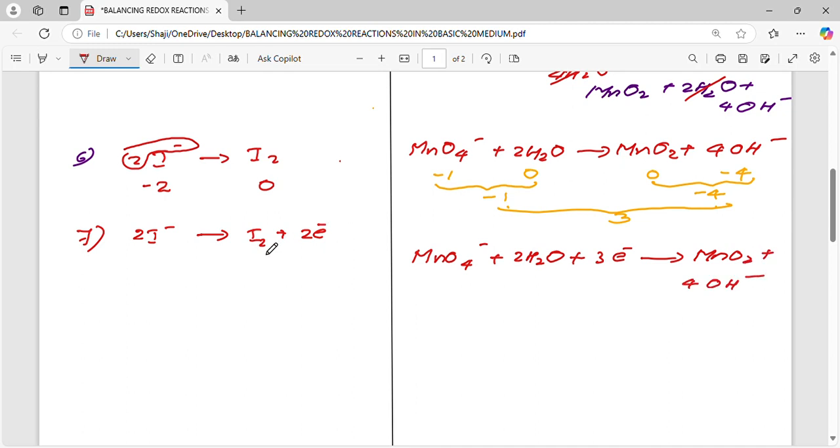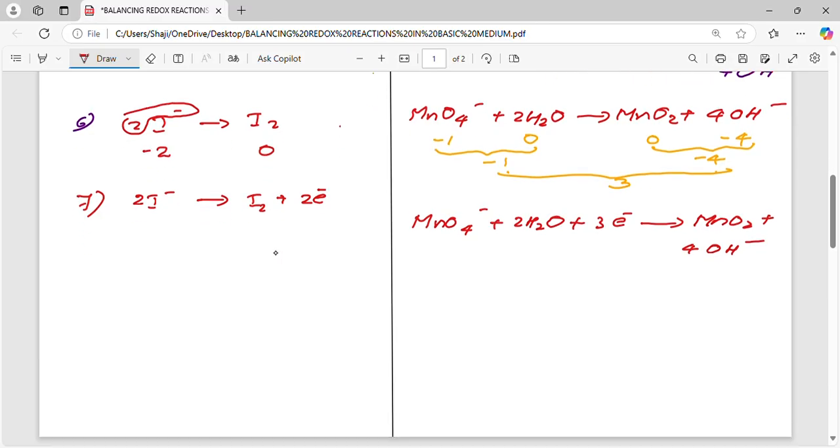So charges are balanced. But still some issues are there in the form of number of electrons. In the oxidation half it is 2 electrons, but in the reduction half it is 3 electrons. So to make the electron numbers equal in both oxidation and reduction half, we need to multiply the oxidation half reaction with 3. So it becomes 6 electrons. Similarly, the reduction half reaction with 2. So there also 6 electrons will come.